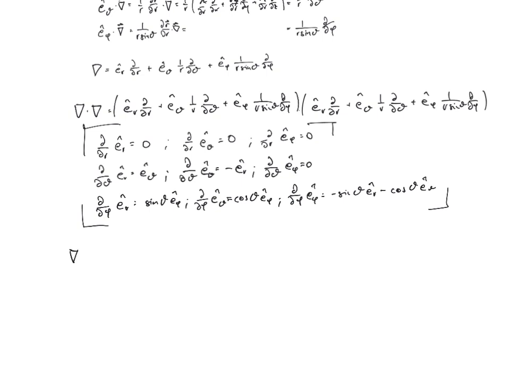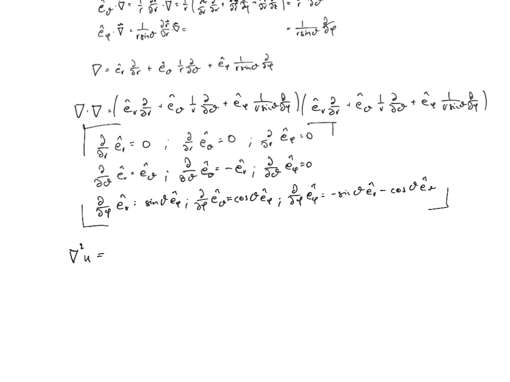And to make it a bit easier, I'll let it act on some function u. So then let me just multiply out all this and acting on a function u. So from the first term here, acting on the bracket on the right hand side, I don't get any contribution from d/dr acting on the unit vectors because we've seen here that all these derivatives are 0.